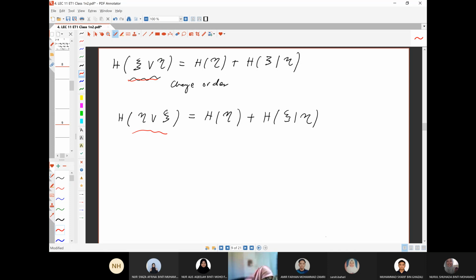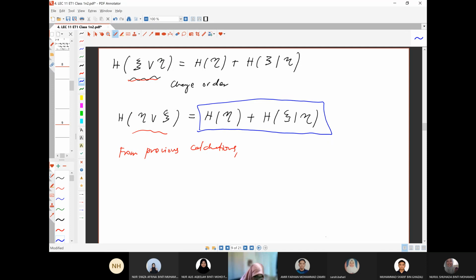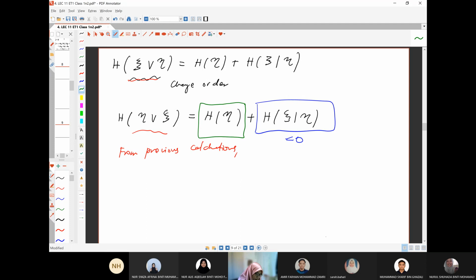Okay, from our previous calculation, we got the entropy here is equal to 0. This one is log 4 because you have 4. But for the entropy of the green thing here, what do you get?